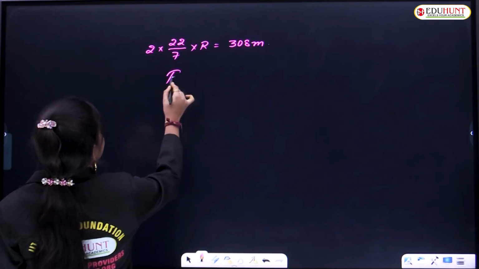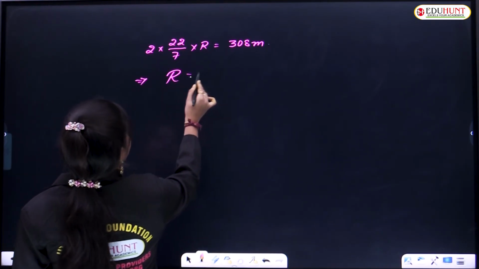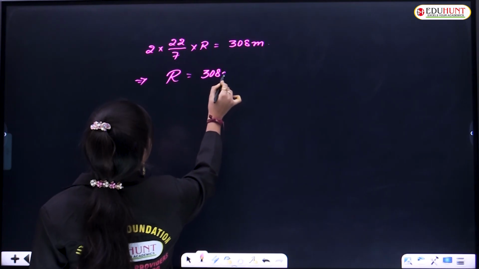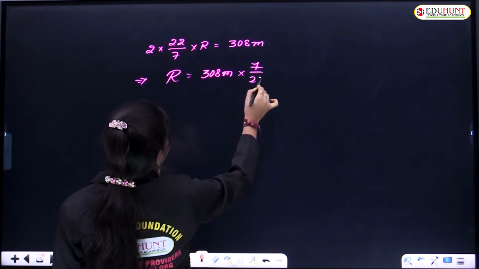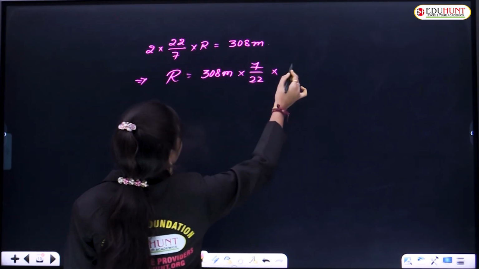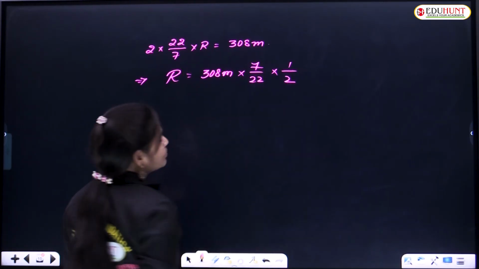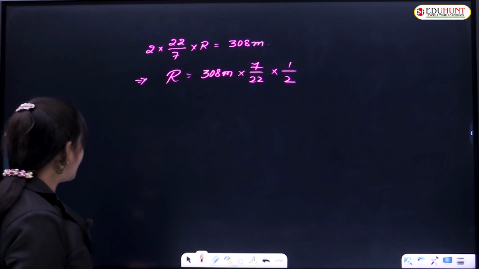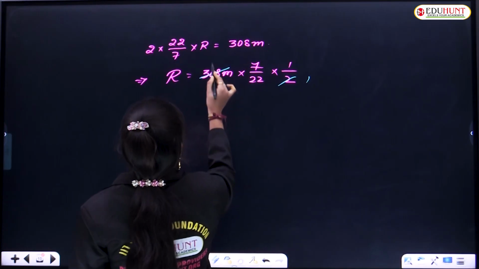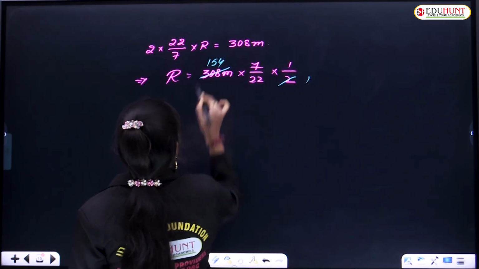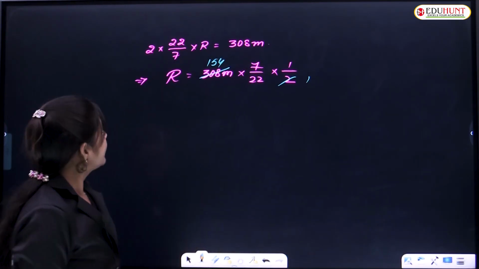Now R is equal to 308 meters into 7 by 22 into 1 by 2. Okay. Now cancellation: 2 ones, 2 15s are 30, 154.